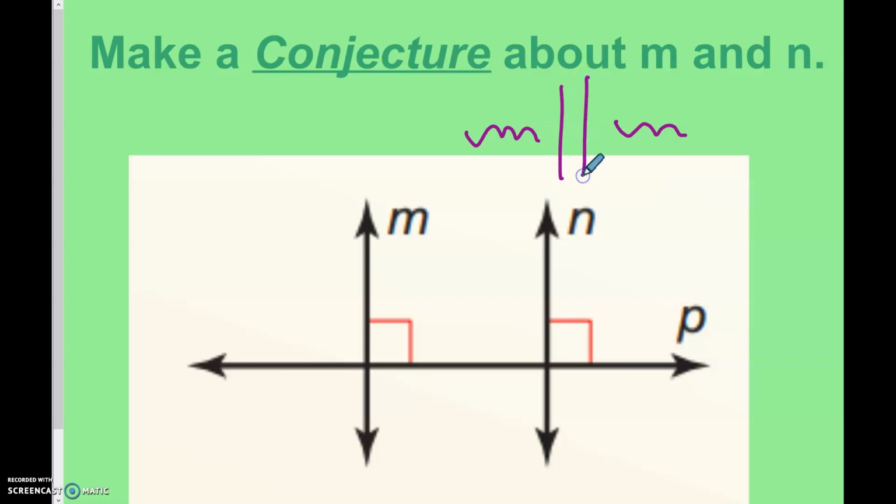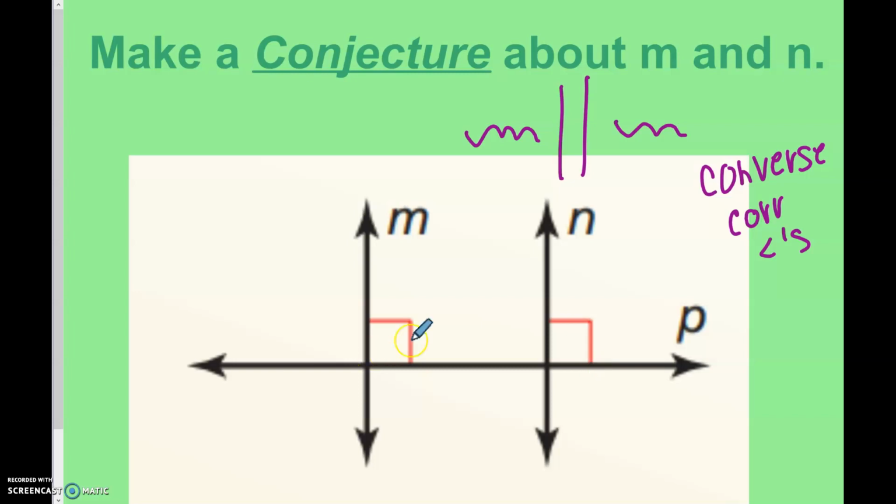They must be parallel. So this is what we talked about yesterday, and I used the converse of corresponding angles. We have two lines cut by a transversal and corresponding angles are congruent. Therefore, the lines M and N must be parallel.